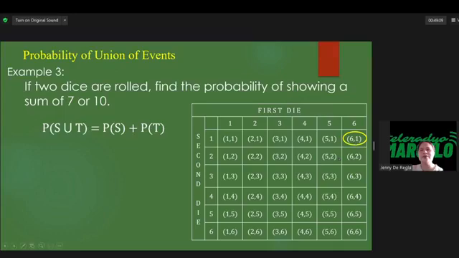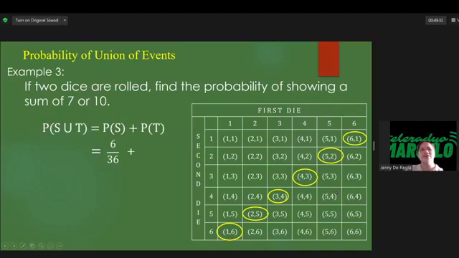So we have 6,1; 5,2; 4,3; 3,4; 2,5; and 1,6. So that is 6 over 36.